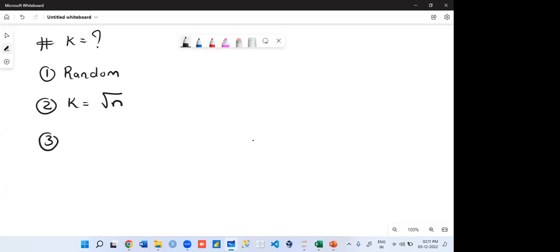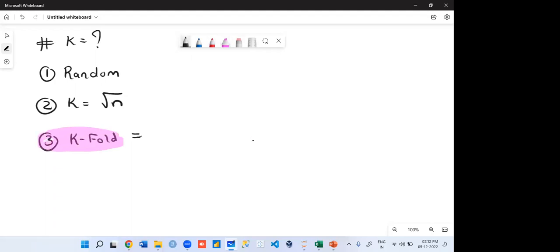Third method is K-fold. I'll teach you this method. This method we have used in decision tree also. I have not taught you at that time because you were getting confused. This is a method used everywhere in every algorithm. Till here clear? 3 methods. This is the best method, guys.